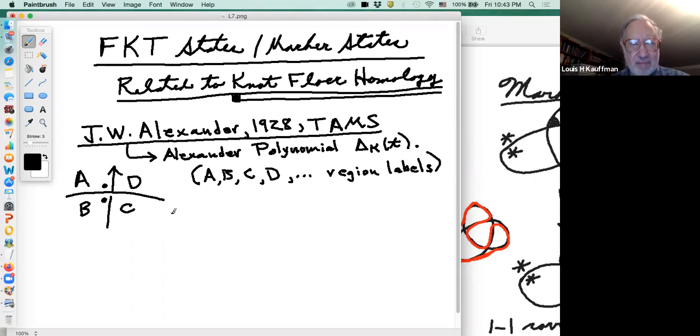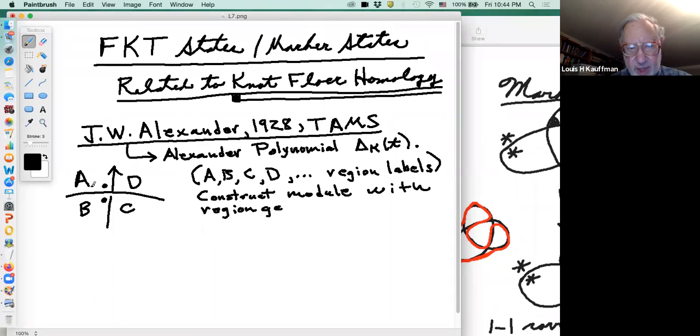All right. And then we'll construct a module with region generators. That is, each label for a region is a generator of the module.